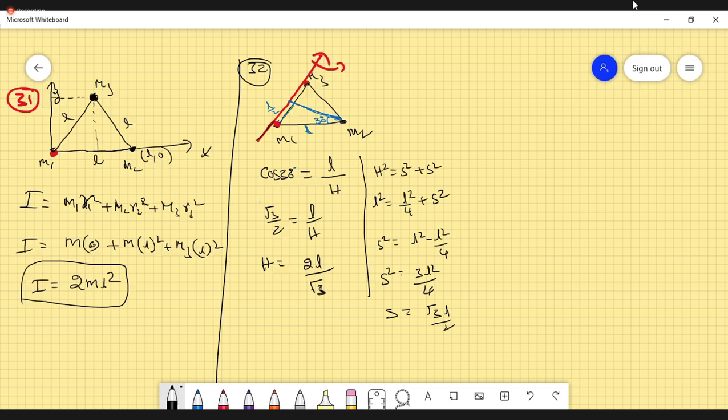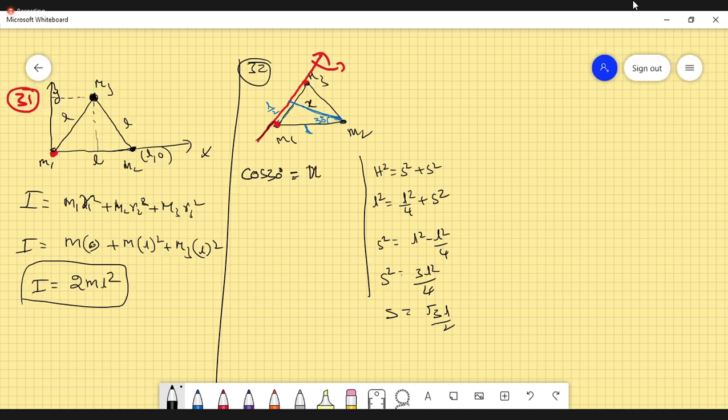Oh, here also I made a mistake. Cos theta equals adjacent by hypotenuse.